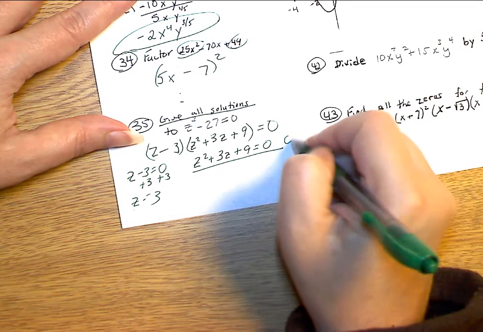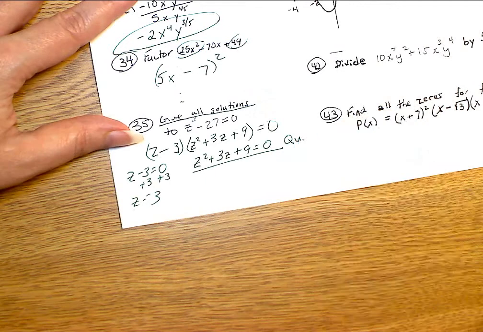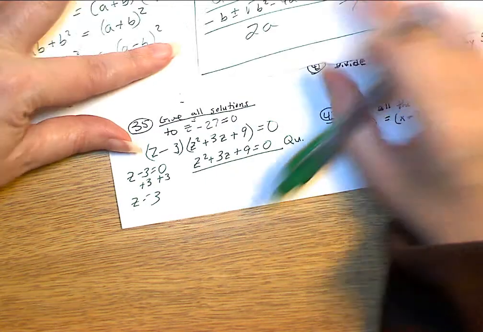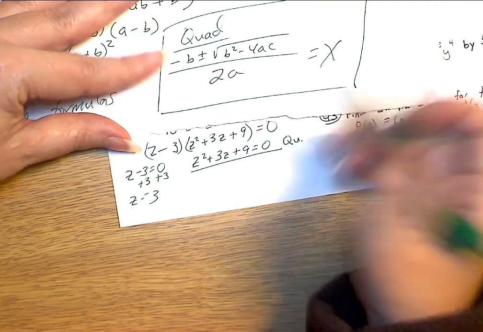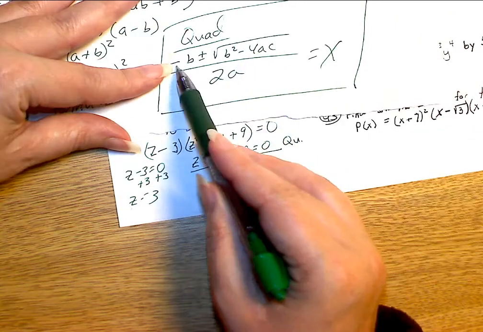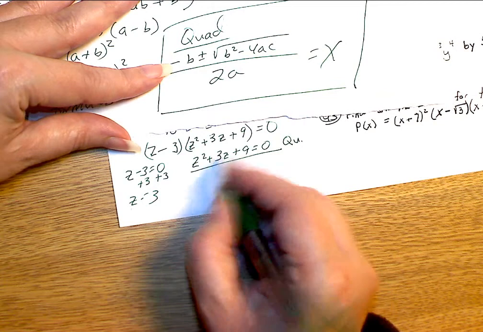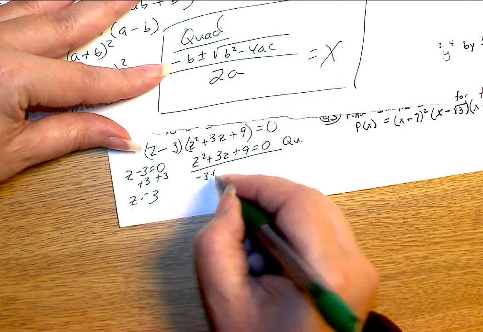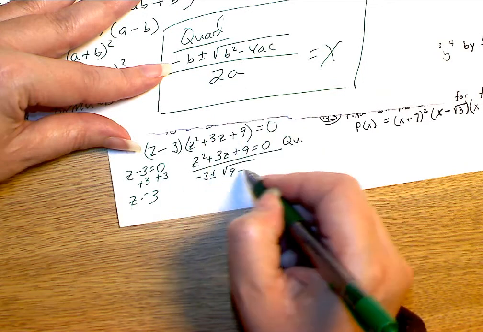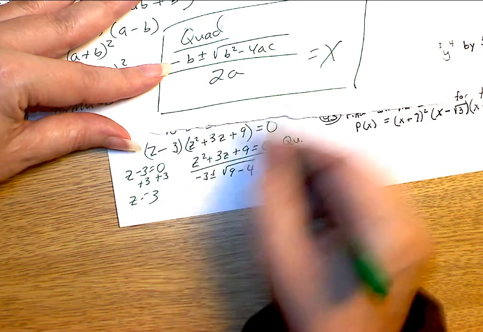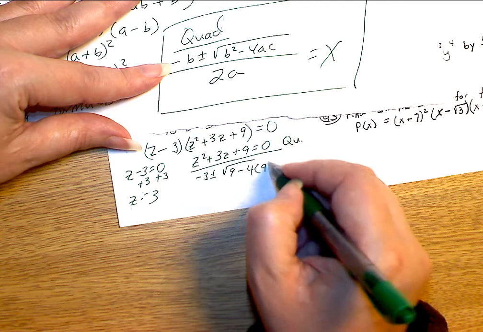Quadratic. So I'm using the quadratic formula. It says negative b. So I have negative 3 plus or minus the square root of b squared, 3 squared is 9, minus 4a, which is 1, c, which is 9, all over 2a.